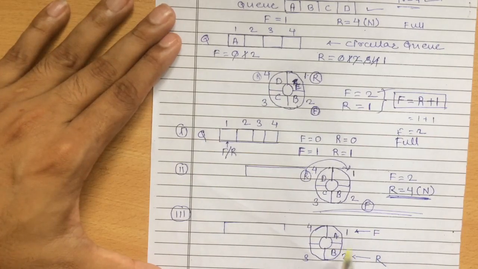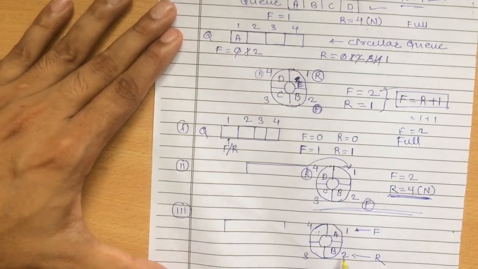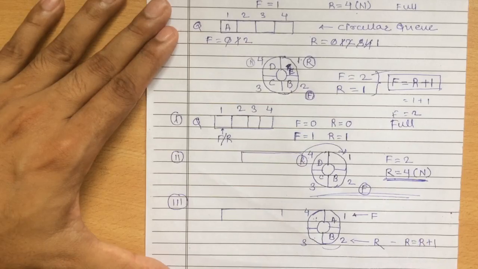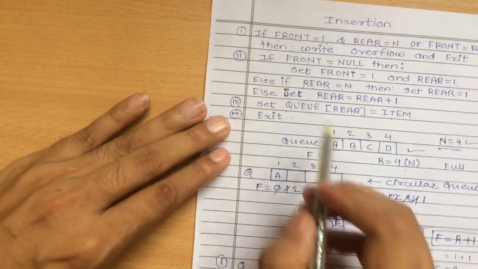This is the third possibility. Here, as space is available to insert an element in the queue, I have to simply increase the value of rear by 1, so rear is equal to rear plus 1.